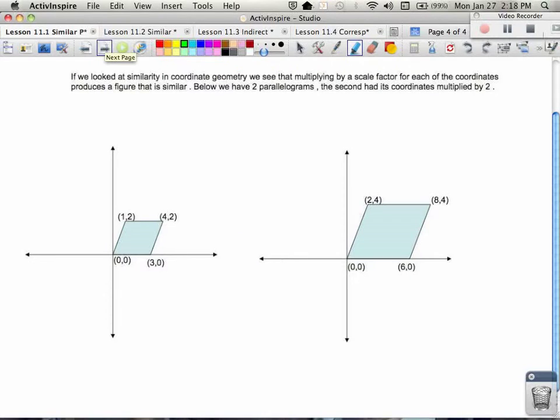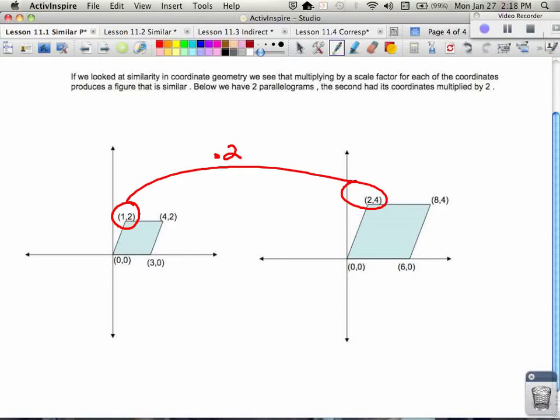In my last slide here, if we looked at similarity in coordinate geometry, we would see that we could multiply each of the coordinates by a scale factor to transform it into a figure that's similar. Below we have two parallelograms, and as we go from coordinates on the top left to coordinates on the top left, we have multiplied each coordinate by 2.